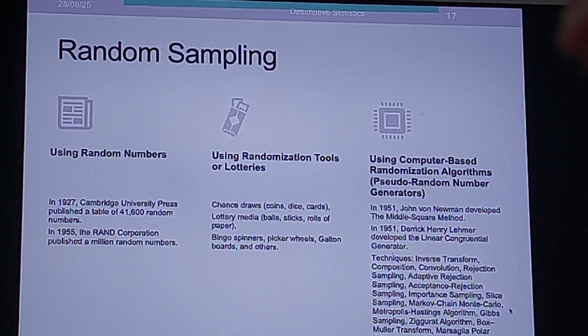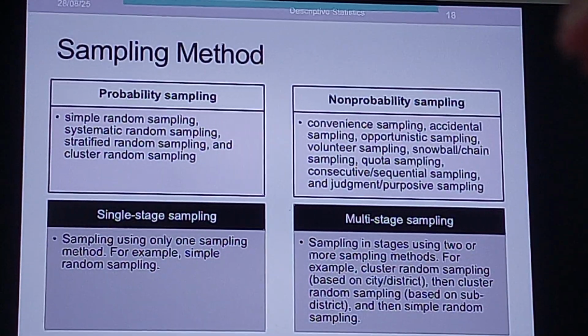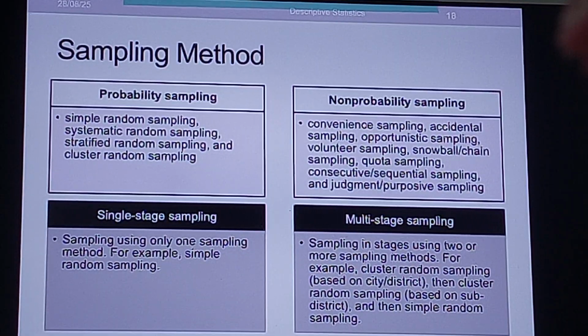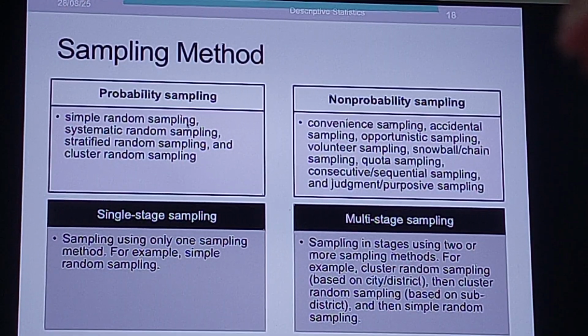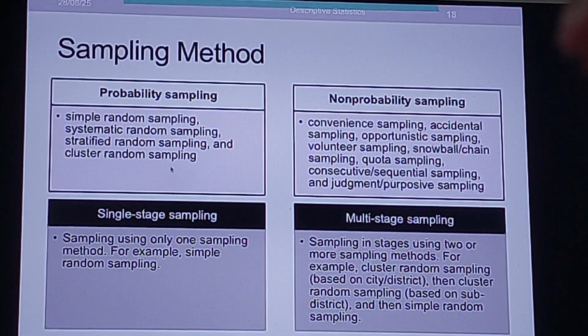Okay, and the next one is about the sampling method. So there is probability sampling and non-probability sampling. I think it's the important material from sampling method. Probability sampling includes simple random sampling, systematic random sampling, stratified and cluster random sampling.